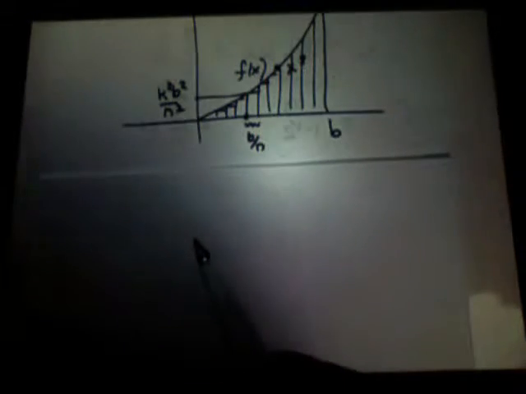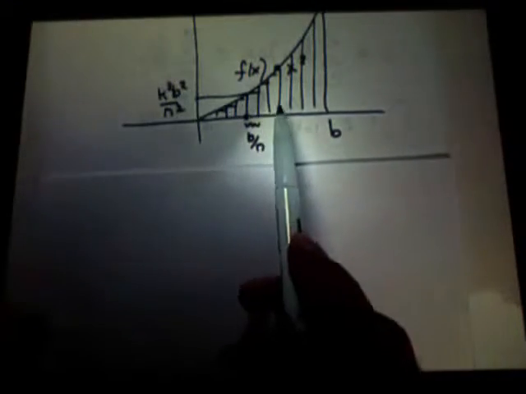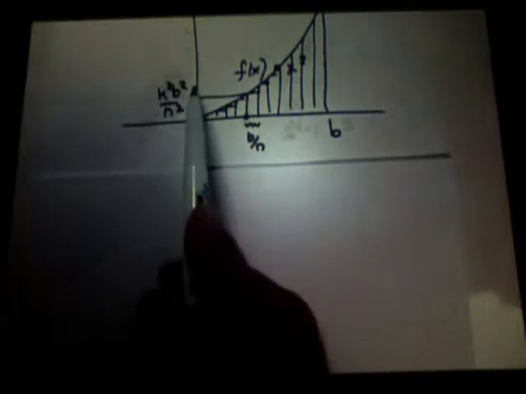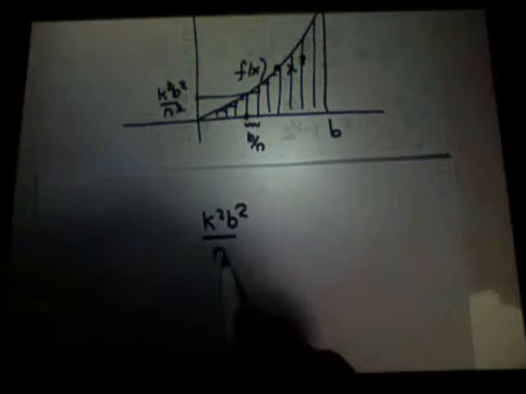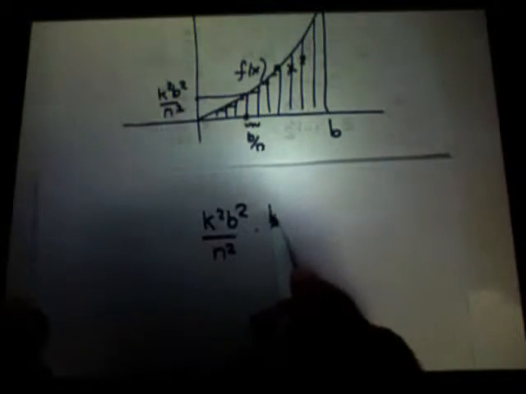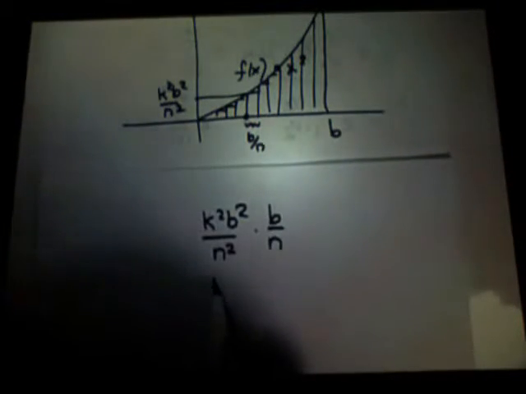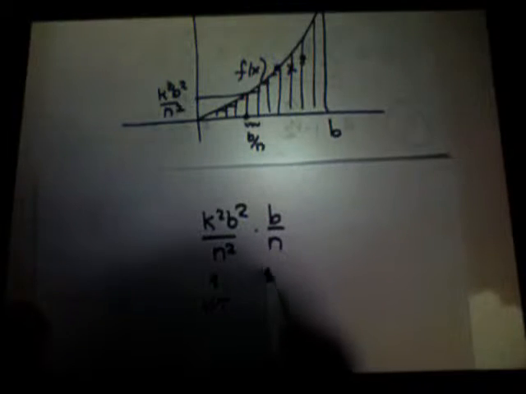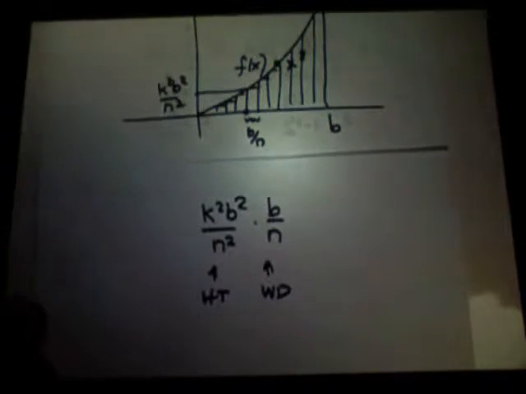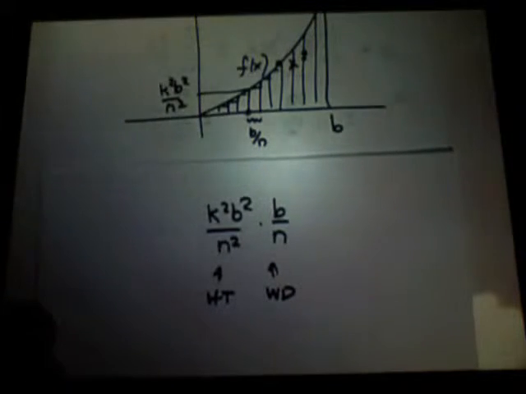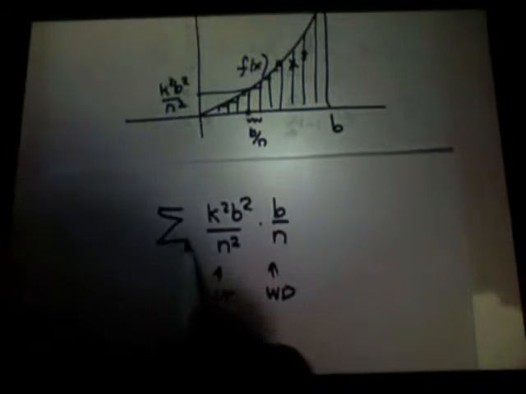What's the area of a typical rectangle? This one has height k squared b squared over n squared, and the base is b over n, right? Height times width. True? And then we want to add these up.